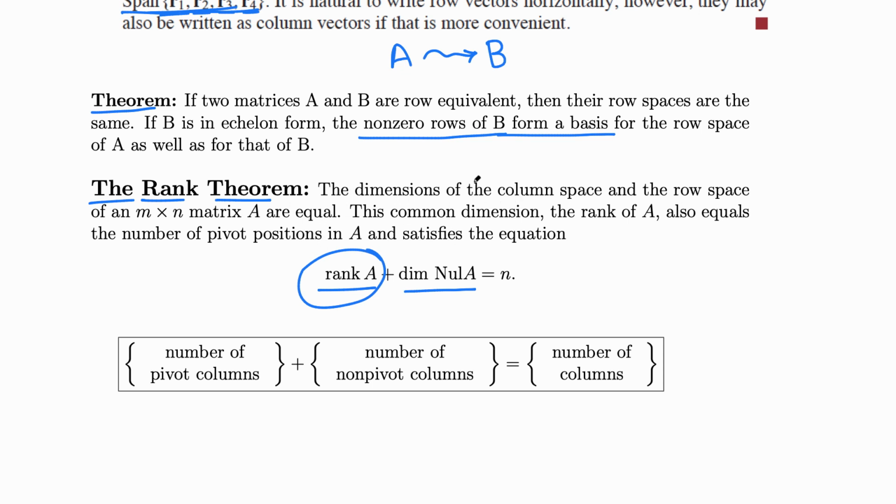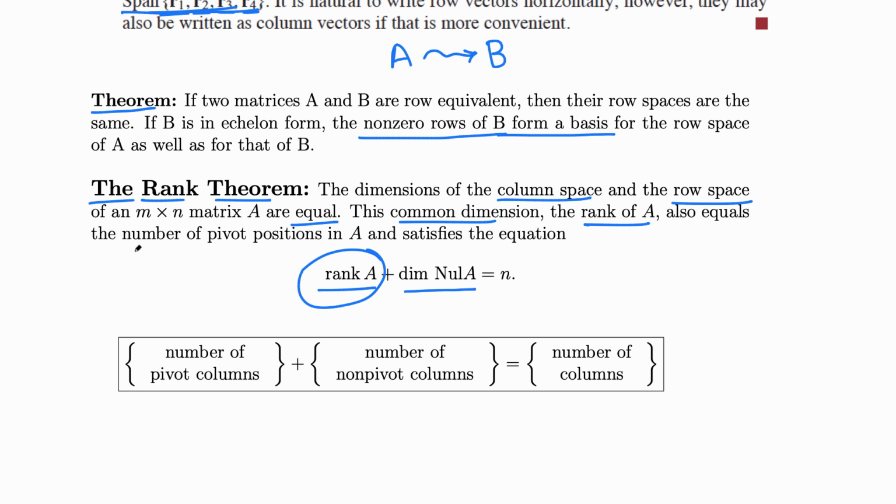The dimensions of the column space and the row space of an m by n matrix are equal. We define rank A as the dimension of column space, but the dimension of column space is the same as the dimension of row space, and we call that common dimension the rank of A, and we write rank A.